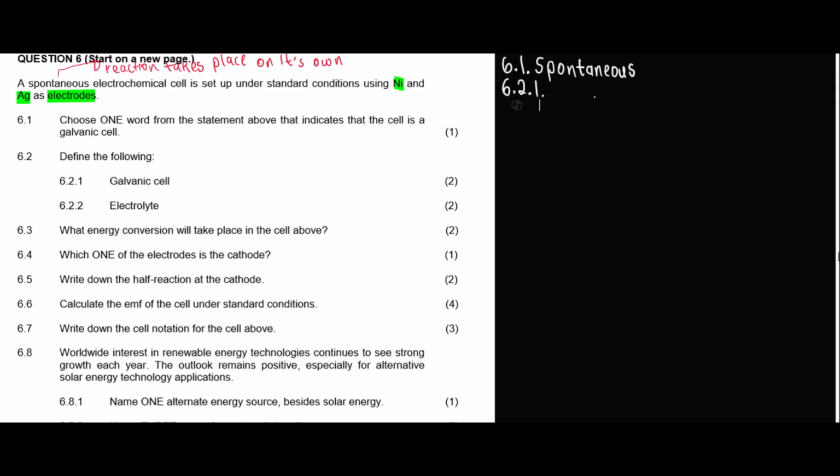Now they say define the following: galvanic cell. What is a galvanic cell?